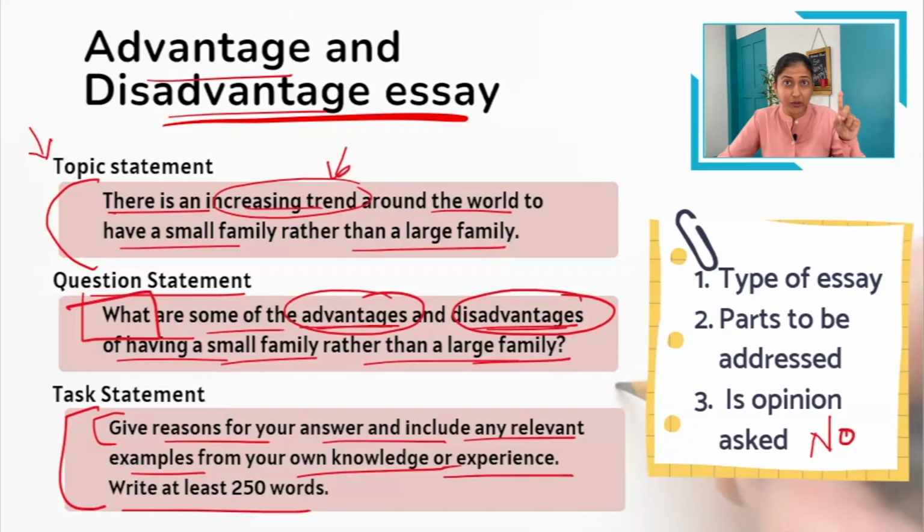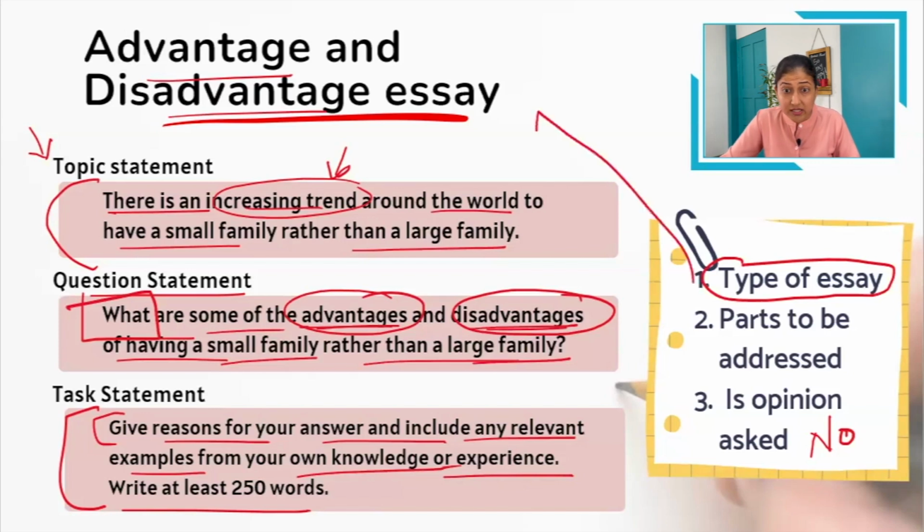For now, let's move on to the type of essay. The first thing you have to think about when you read any question is the type of essay. This is an advantage, disadvantage essay. Why? Not because it's written on the heading, but because your question statement is saying what are some of the advantages and disadvantages of this trend.